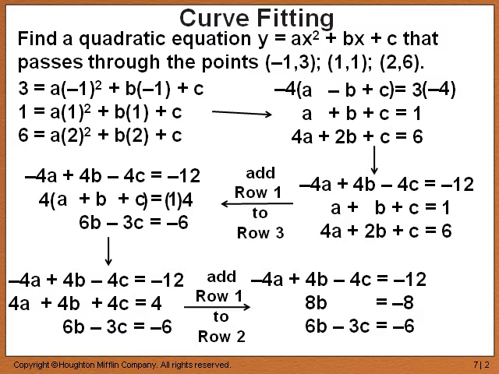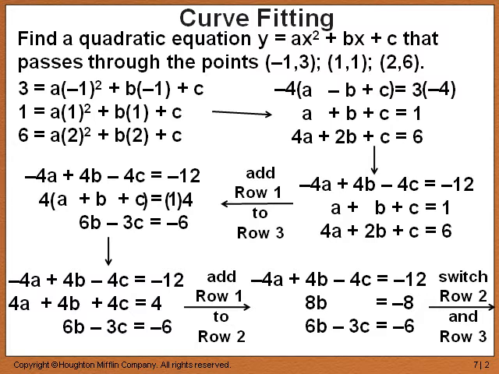And we get -4a plus 4b minus 4c equals -12, 8b equals -8, 6b minus 3c equals -6. Now, as you can see, this is not in row echelon form yet, but it's very close. And I think that'll become more apparent with the next step.